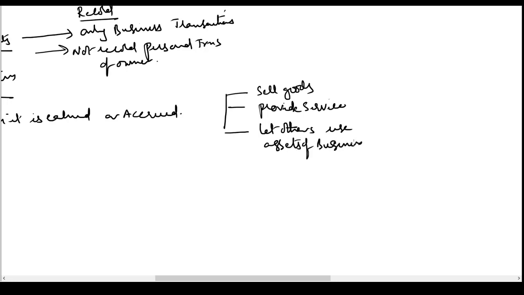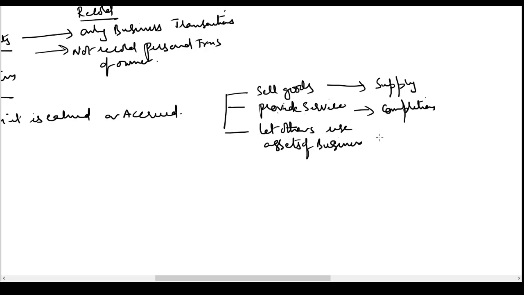Now, if I sell goods, as soon as I have supplied the goods, I have done my part in the contract, I can recognize income. The value of the goods sold can be recognized as an income in the books of account. As soon as I provide service, that means I have completed the service, and the other party has enjoyed it, I can recognize the income.